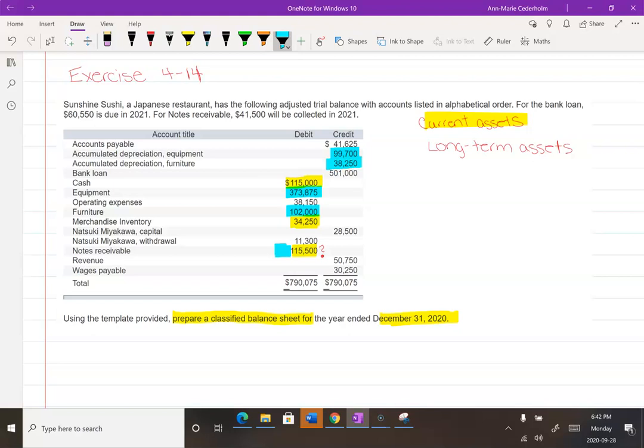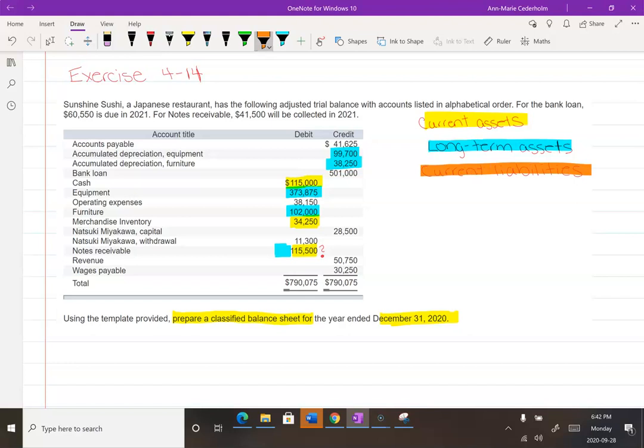Now I'm going to think of all of this in terms of current liabilities. So current liabilities are any debt that you have to pay within 12 months.